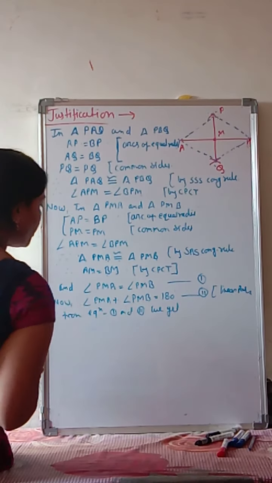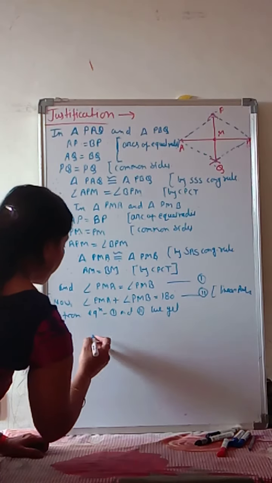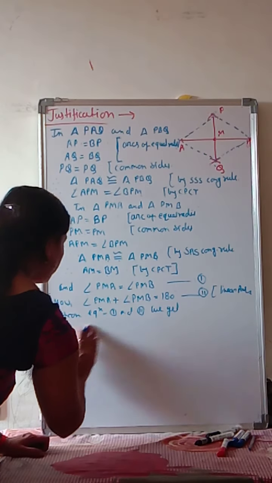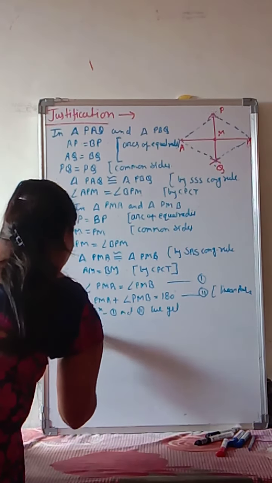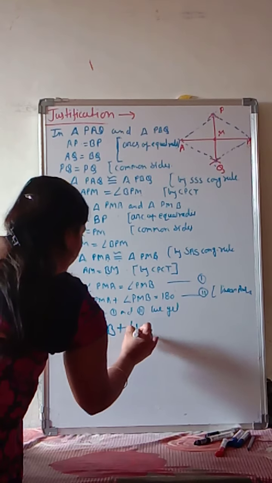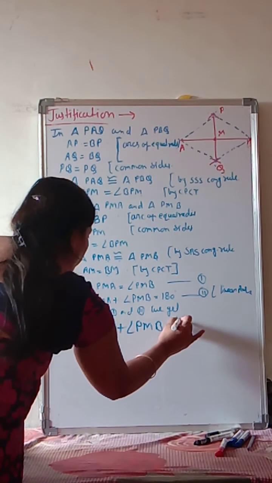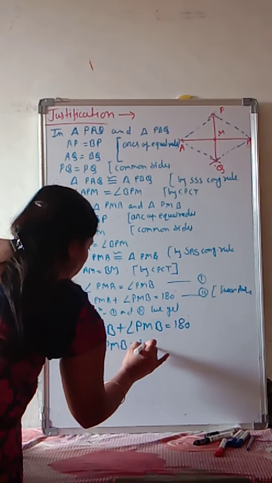Now this is equation 2. From equations 1 and 2, we get, putting PMA equal to PMB, angle PMB plus angle PMB equals 180 degrees. So 2 times angle PMB equals 180.